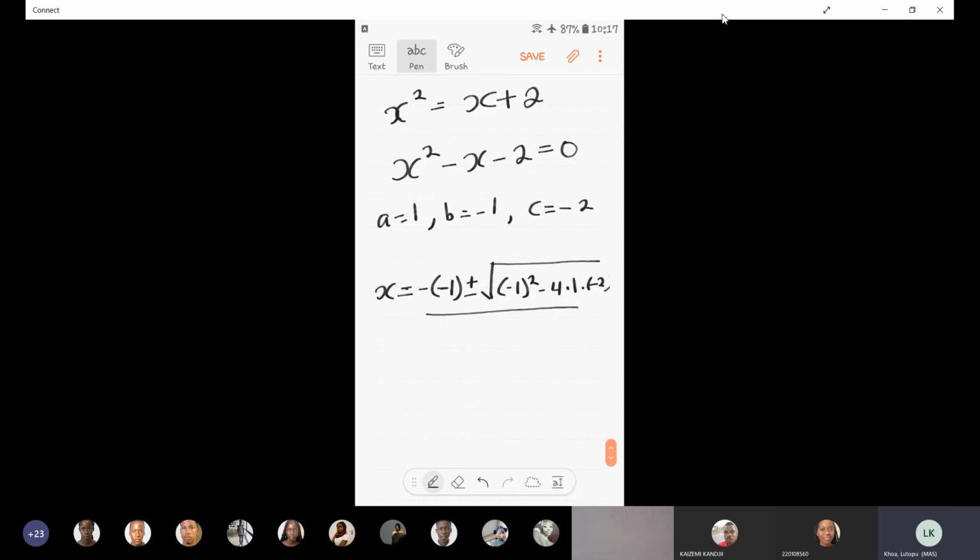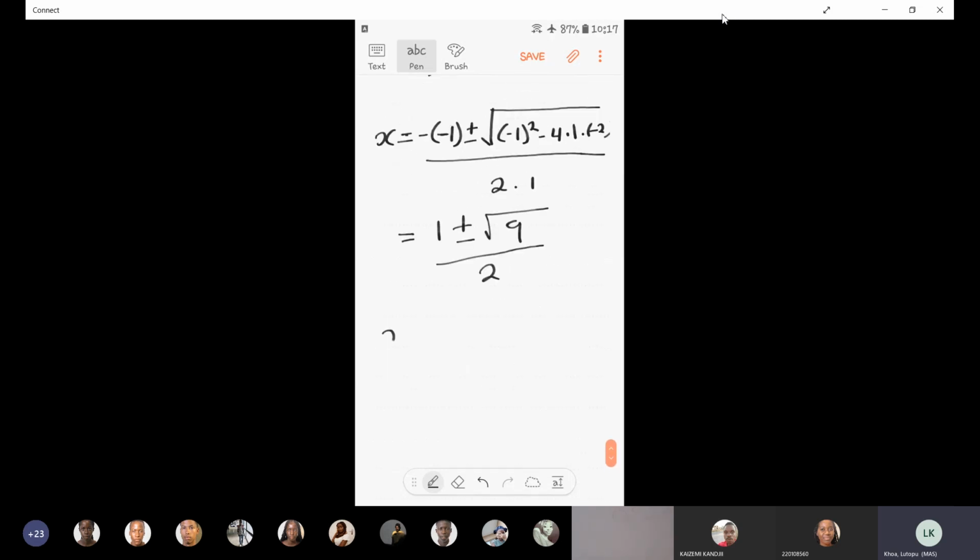And then this is all divided by 2 times a, just 2 times 1. Okay, so I have 1 plus or minus the square root of 9. So that's 1, and then minus negative 8. Yeah, it's 9. And then this is 2.